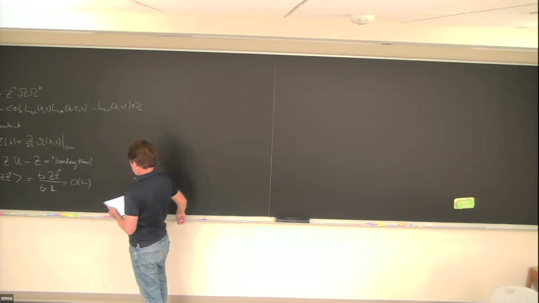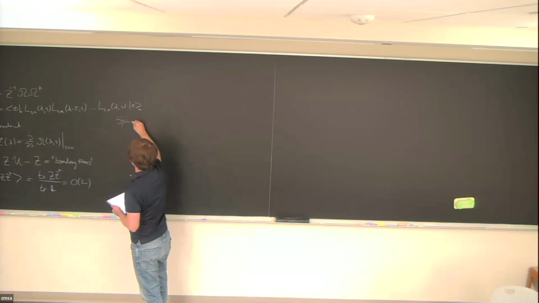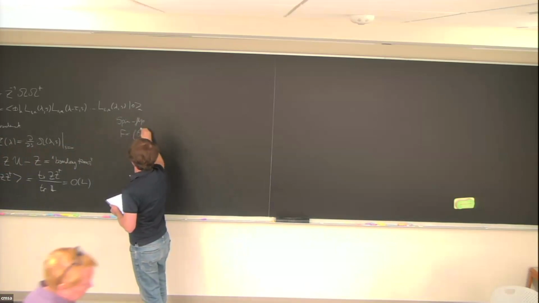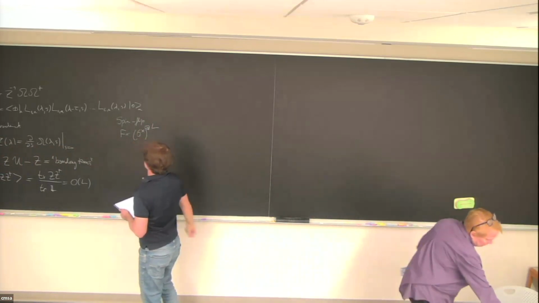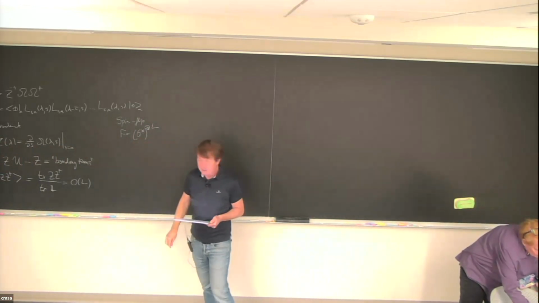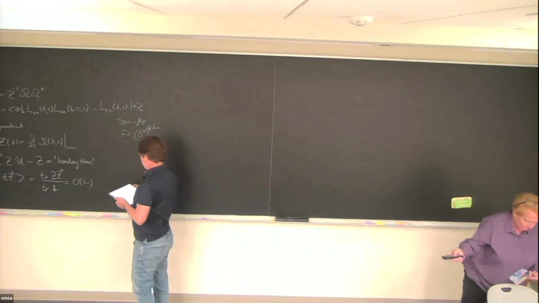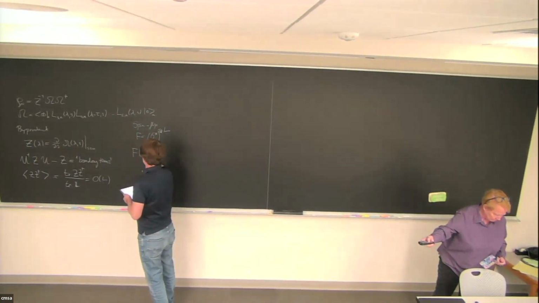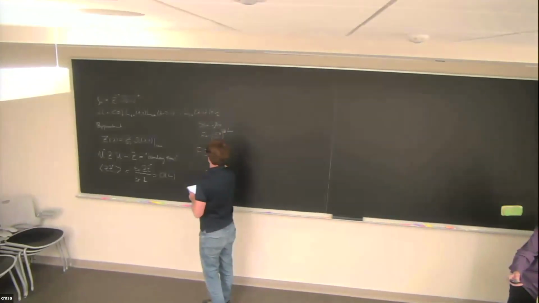For example, look at how it behaves under the spin flip. You flip all the spins in the Pauli basis, and then that operator is not symmetric under the spin flip.